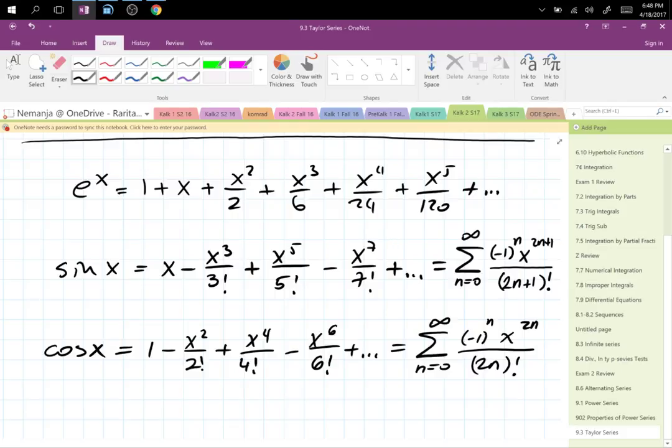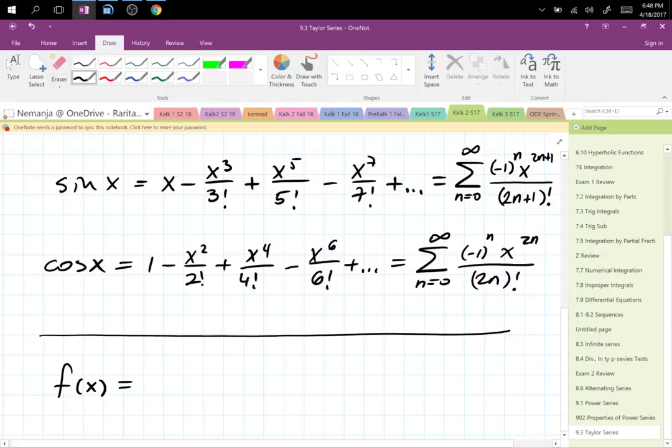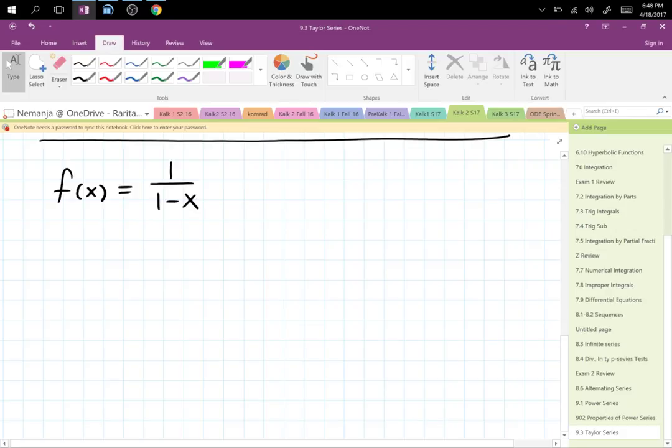So there are many of these. I want you to work on one of these functions. Find the Taylor expansion around 0 for 1 over 1 minus x. Find the Taylor expansion for this, which means I want 4 terms. Let's start with 4 terms.